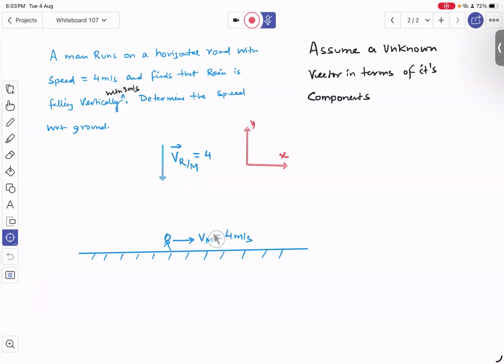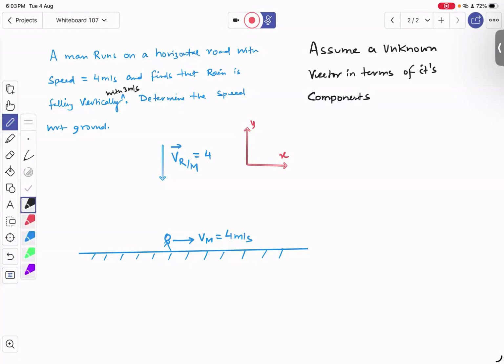The velocity of the man is only in the x direction, nothing is along z. So the velocity of the rain from the ground frame, that vector can have two components only. So I will assume those components, and also I will consider whether the y component will be negative or positive if I consider upward as positive y.